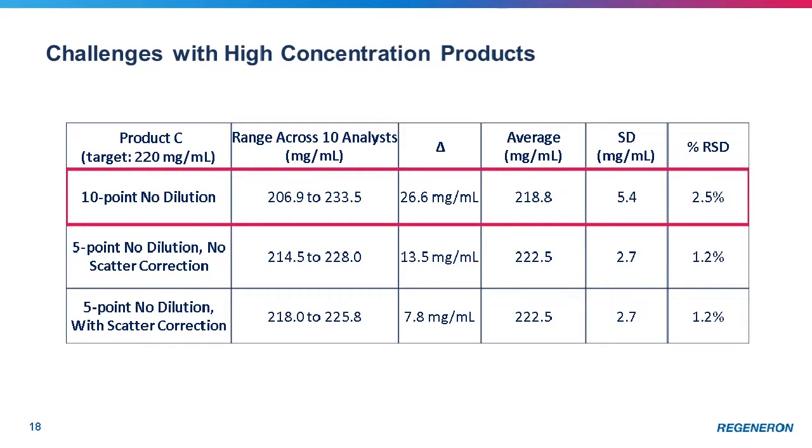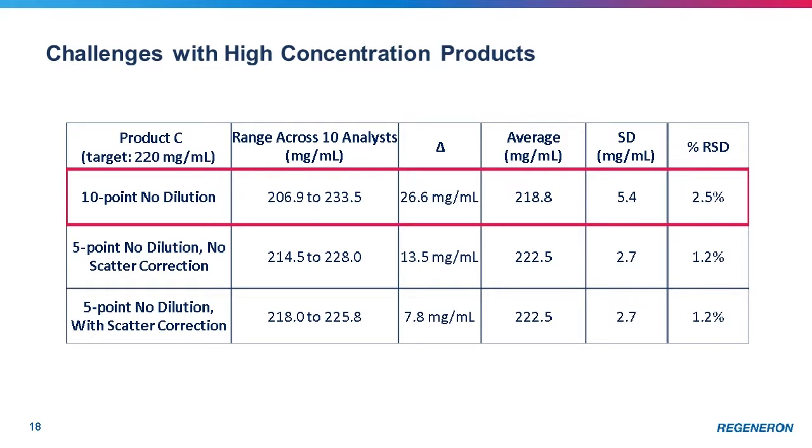The top row shows our data using 10-point measurements with no sample dilution, followed by a 5-point measurement, again no sample dilution, but this time not using scatter correction, and finally a 5-point measurement, no dilution, with applied scatter correction at 320 nanometers.